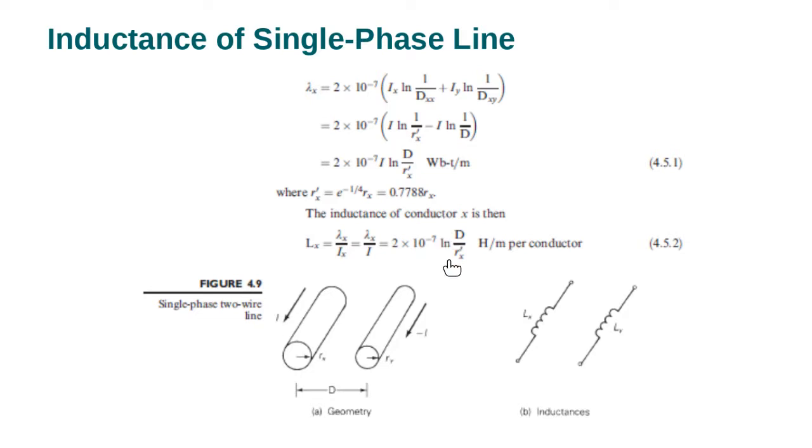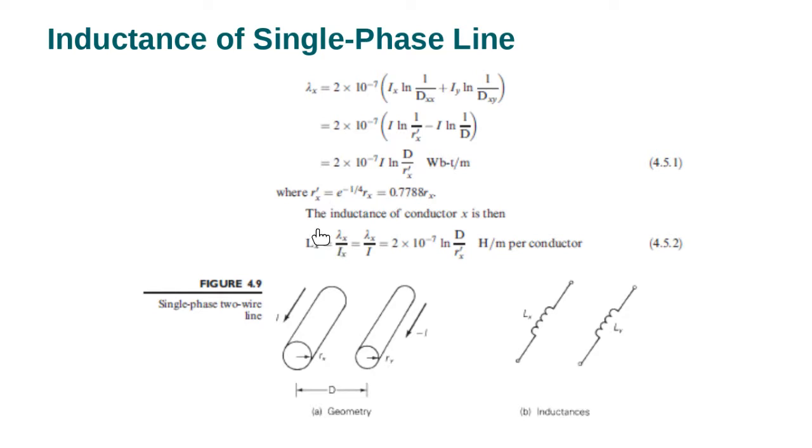We already discussed the integration of 1 over x before. D is the distance between the two conductors over the radius of the conductor. If the two conductors are different in radius, then you need to take care of it.